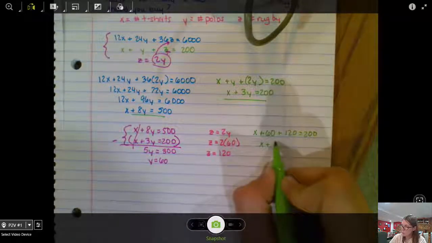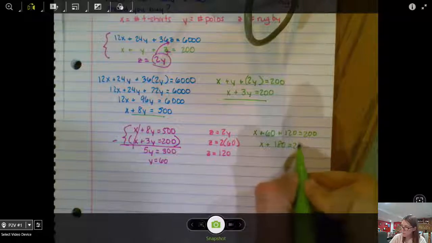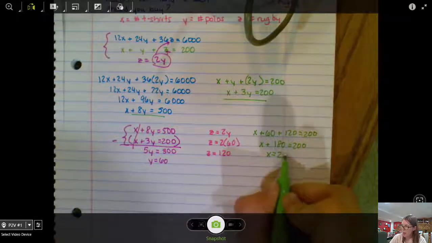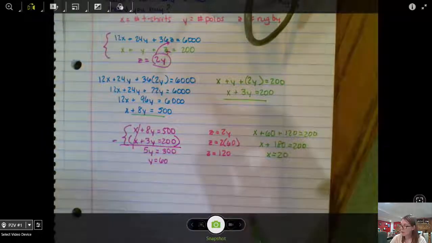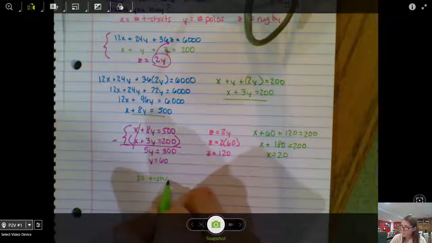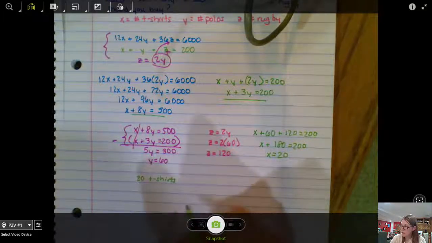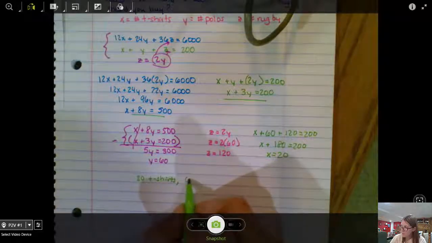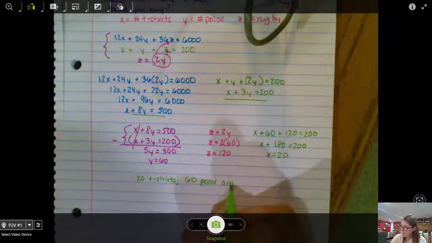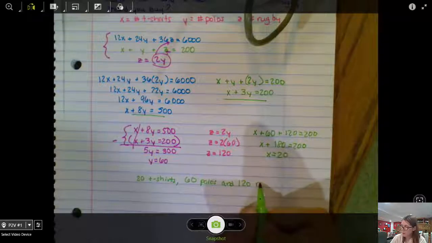So I have x plus 180 equals 200. Subtract 180 from both sides. x is 20. So altogether, this is saying we should buy 20 t-shirts, 60 polos, and 120 rugby shirts.